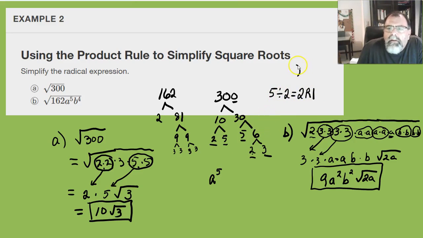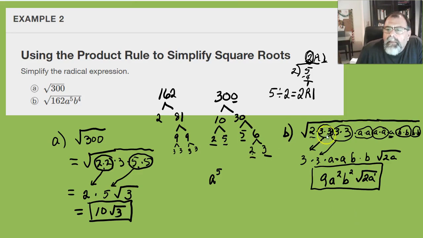If I did the long division back in grade school, 2 goes into 5 twice. 2 times 2 is 4. Subtract, remainder 1, and then I just write the remainder 1. So 2 remainder 1. The 2 is the power that comes out, and the remainder 1 is the 1 a that was left on the inside.